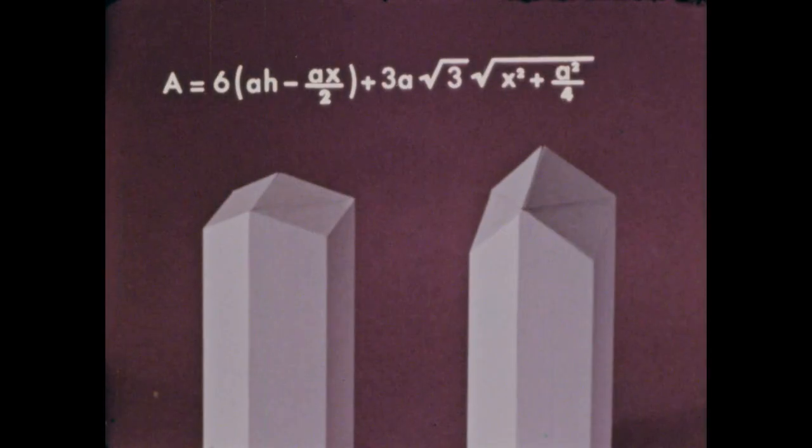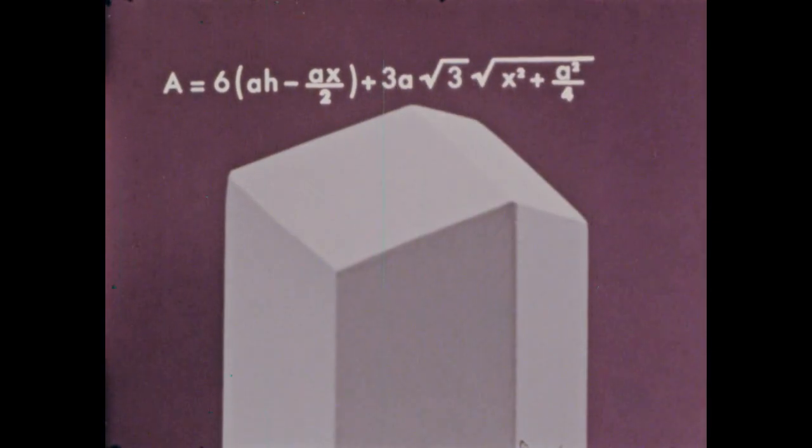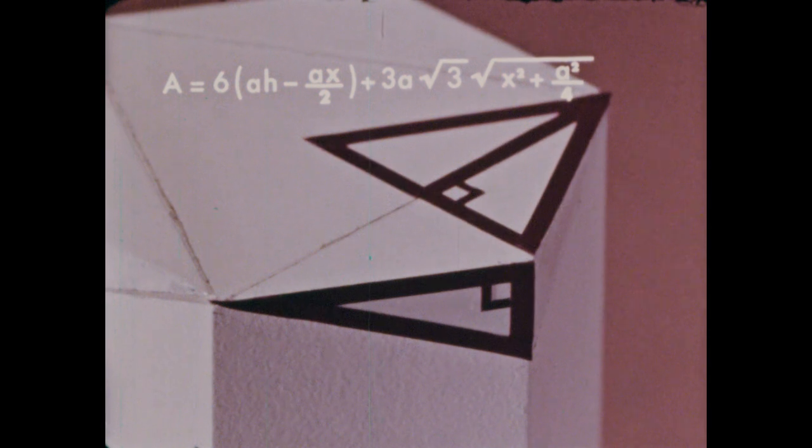If this distance is called x, this is the formula for the surface area. It consists of the areas of the 6 rectangular sides, less the triangular pieces, plus the areas of the 3 rhombic ends, which can be calculated by means of the Pythagorean theorem.